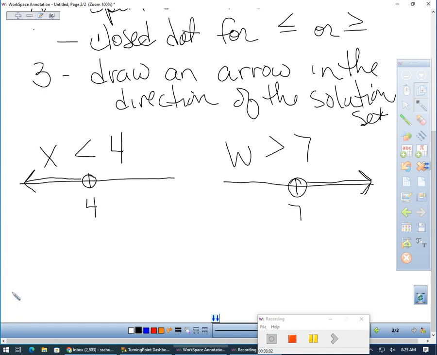Makes sense, right? Let's say I have A is less than or equal to 2 on my number line. At 2, this time because it is less than or equal to, we have a closed, filled in dot at 2. And it goes to the left. And again, my arrow is the same direction as my inequality sign.